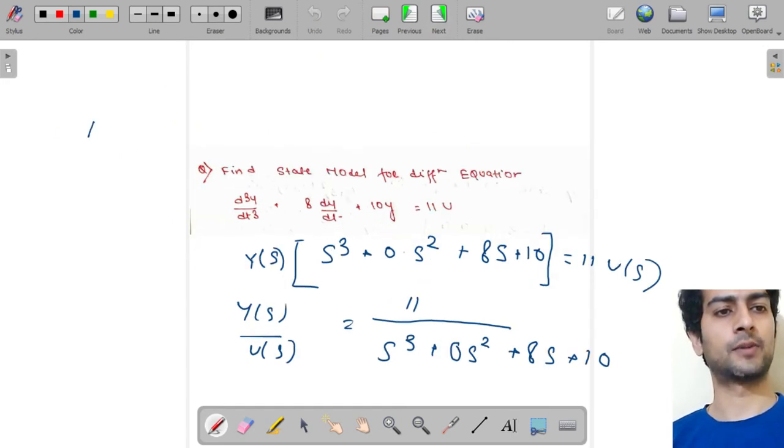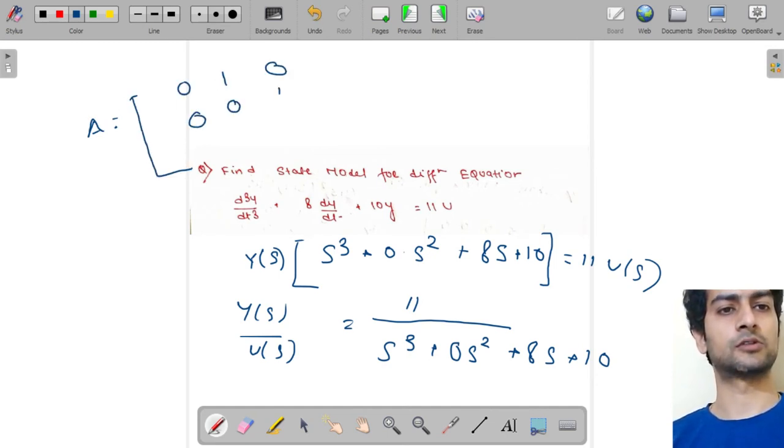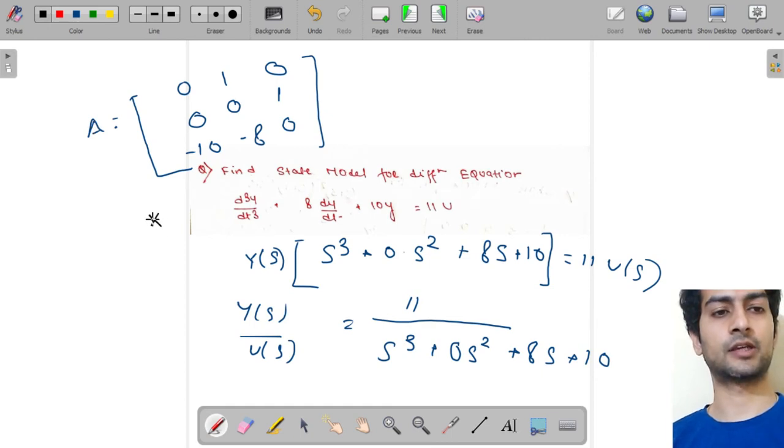So now what will be my matrix A? Again CCF. I will take it in CCF: 0 1 0 0 0 1, then minus 10, minus 8, and here I will get 0. So this is very important. Always be very careful whether all terms are present or not. The question framer plays very smartly, so be very careful, be very attentive.